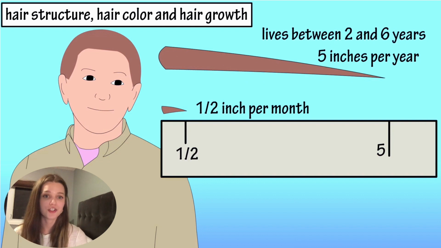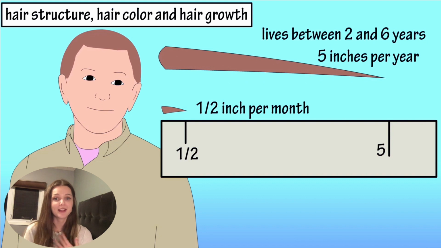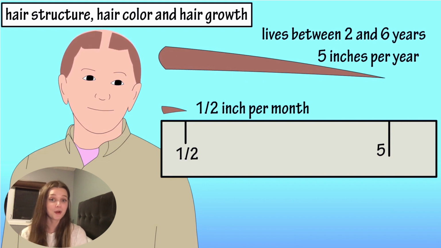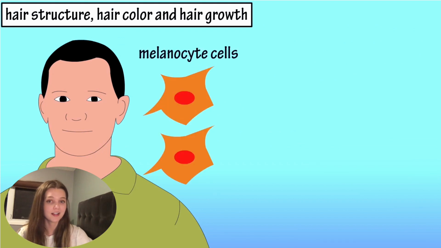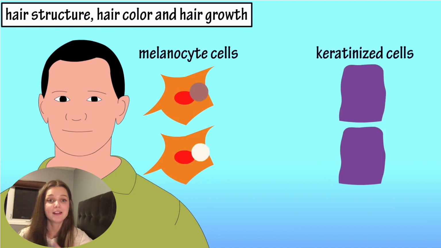As we age, we all know that our hair may thin, or baldness can develop, especially for men, with genetics being the main cause of this. So, hair color is determined by the melanocyte cells mentioned earlier.